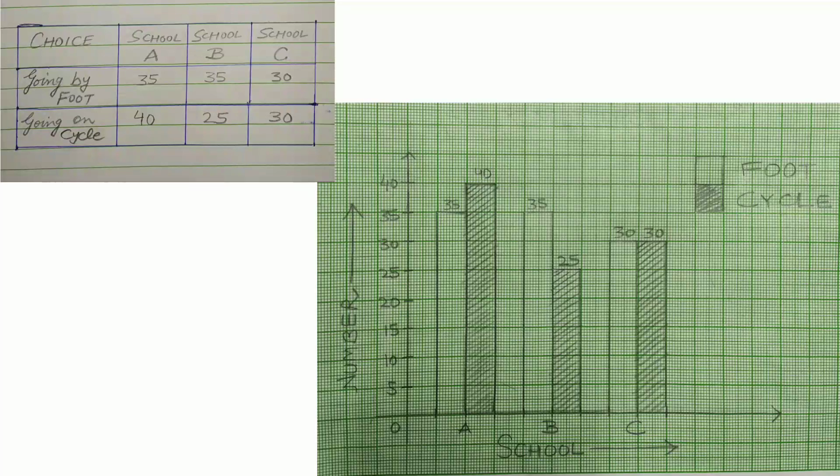Here the graph for the students going by foot to school is drawn blank, and the graph for the students going by bicycle is shown with color. We start with school A. Here 35 students want to go by foot. So the horizontal bar with 35 length is drawn and it is an empty bar. No color is shown in this.